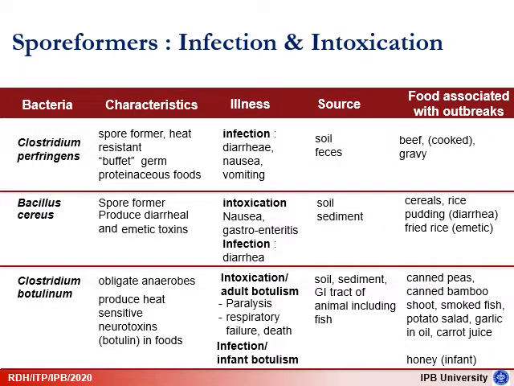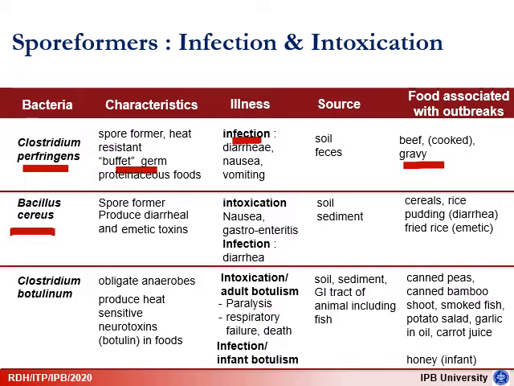Let's meet spore formers that can cause infection and/or intoxication. The first one is Clostridium perfringens. This spore-forming bacterium is also known as a pathogen. It causes infection and is usually associated with the consumption of cooked beef or gravy.